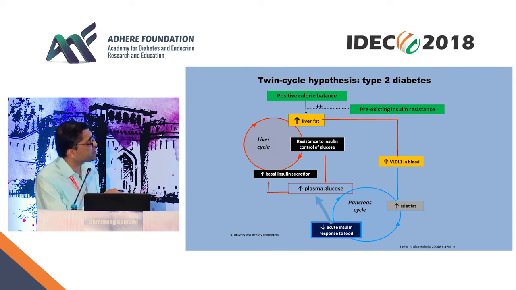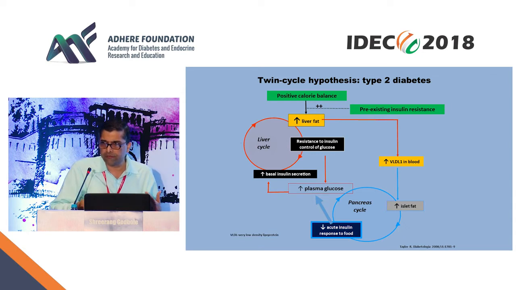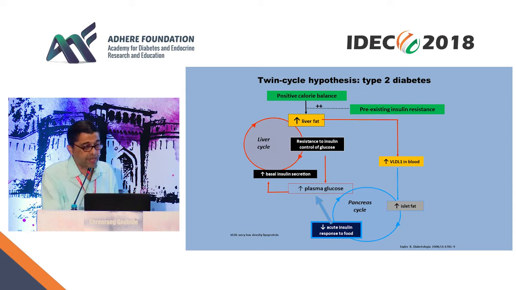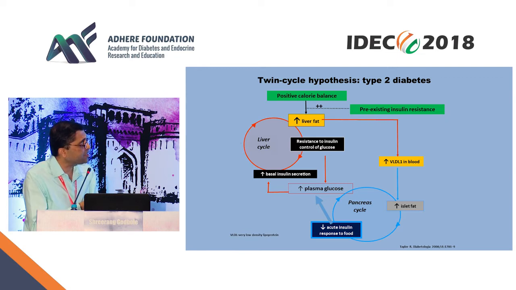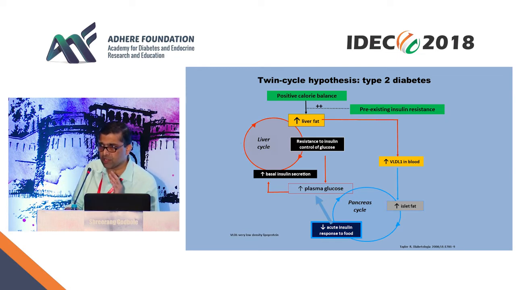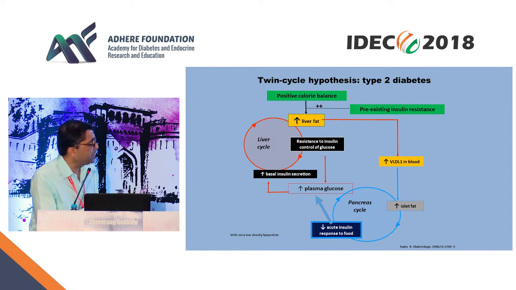And this process of increased accumulation of liver fat following increased caloric intake is worsened if there is pre-existing insulin resistance. Now, once you get increased liver fat, there is resistance to the suppressive action of insulin on the hepatic glucose production, and therefore, there is increased hepatic glucose production. If there is increased hepatic glucose production, the basal insulin secretion increases, and this sets off a vicious cycle.